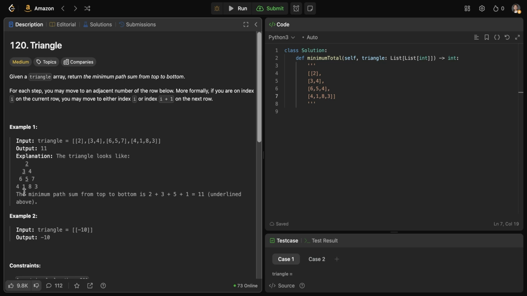Then on the row just above it, 6, 5, 7, the minimum is 5. So 1 plus 5, 6. Then the row just above it, 3 and 4, so the minimum is 3. 6 plus 3, 9. And in the row above it, the minimum will obviously be 2. So 9 plus 2, 11. That's your output here.